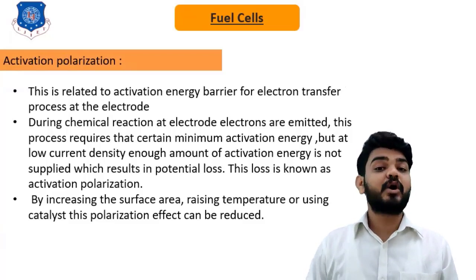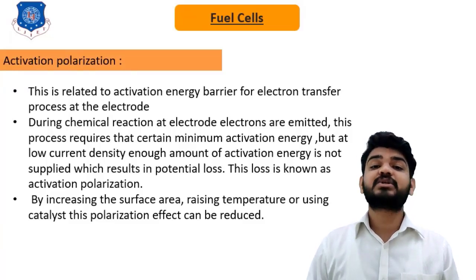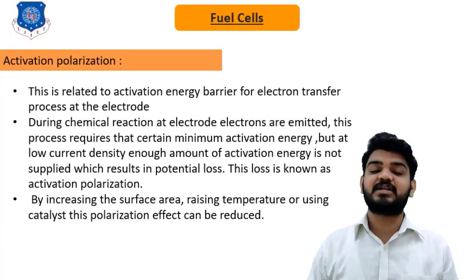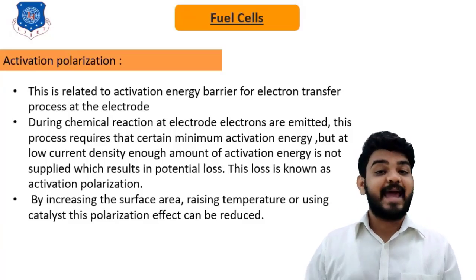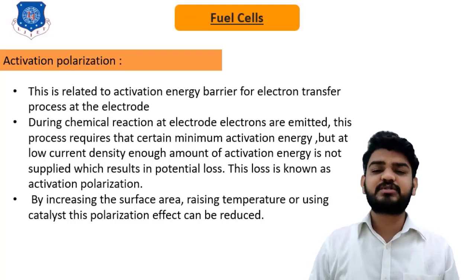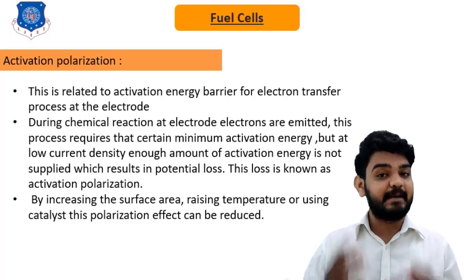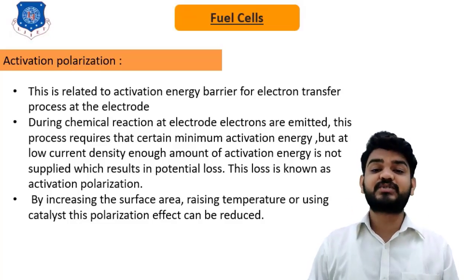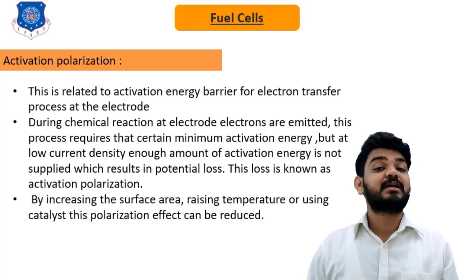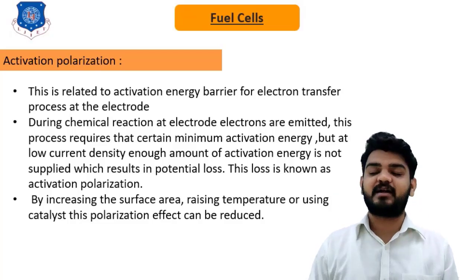But at low current density, this amount of activation energy is not enough. So this causes the loss in potential, and it is known as activation polarization. This effect can be reduced by increasing the surface area or raising the temperature, or we can use a catalyst to reduce this activation polarization effect.